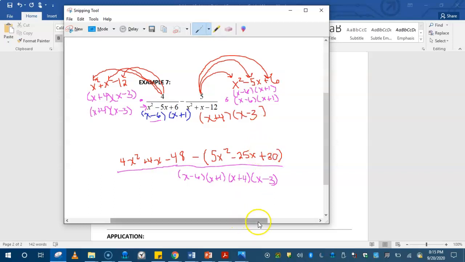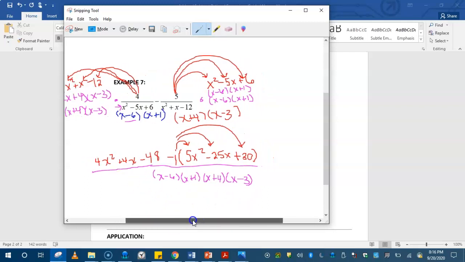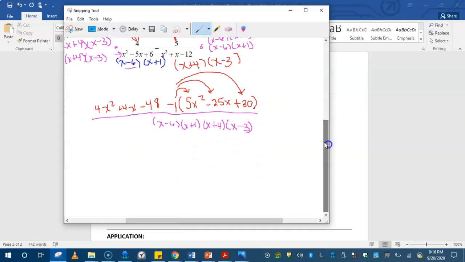And we know this is a negative 1. So when we multiply that negative 1 into each term, it changes the signs of everything, guys. Don't let that negative 1 mess you up. Let's simplify this and combine like terms a little bit.